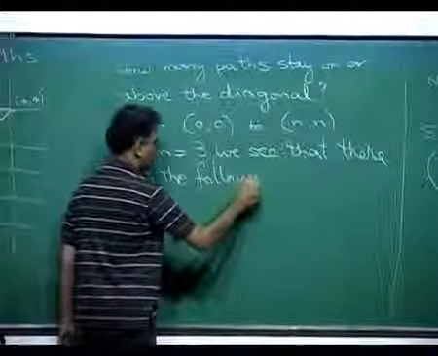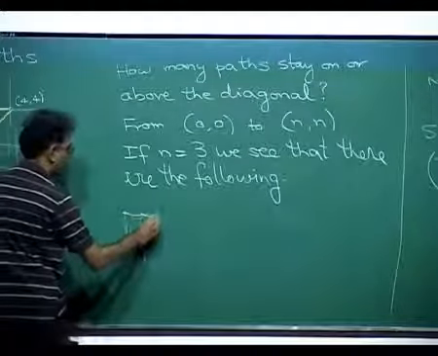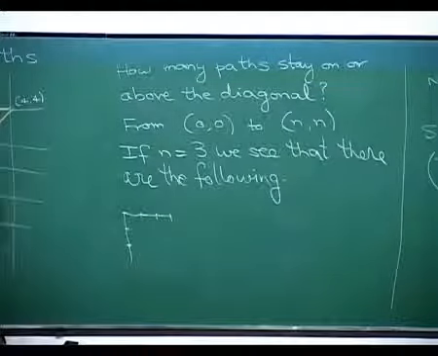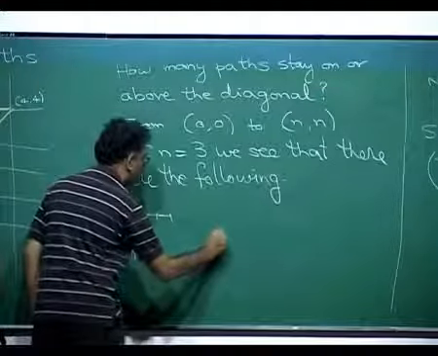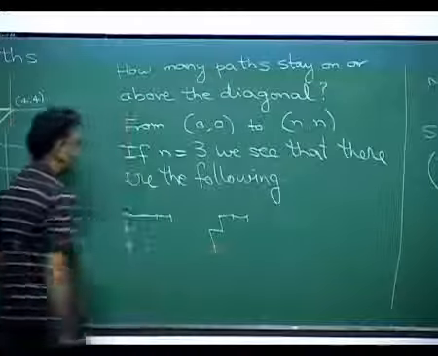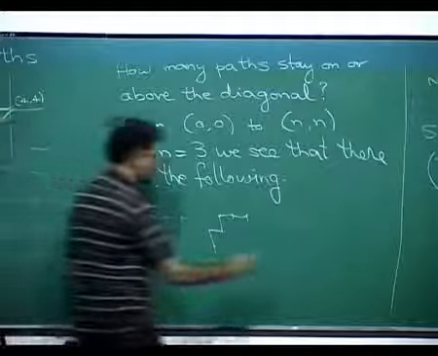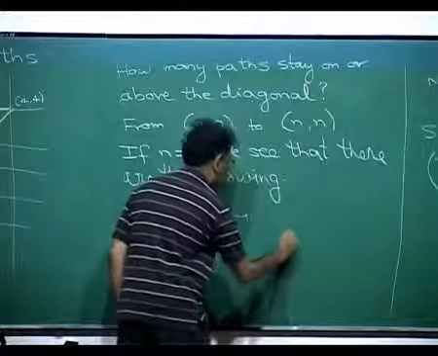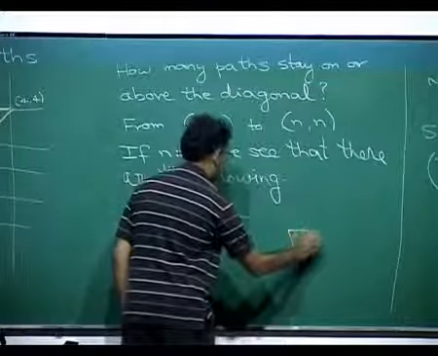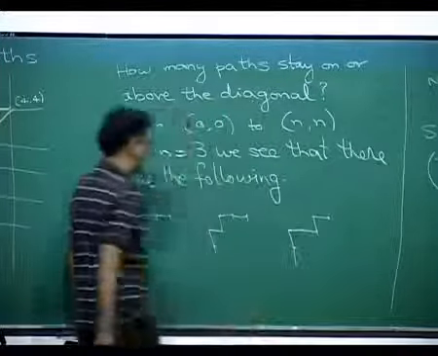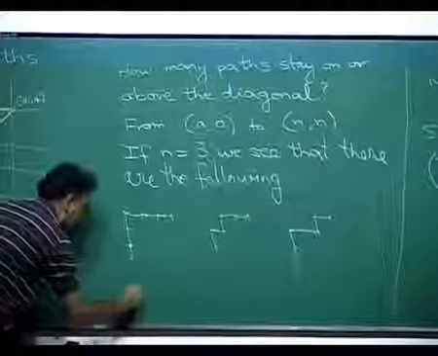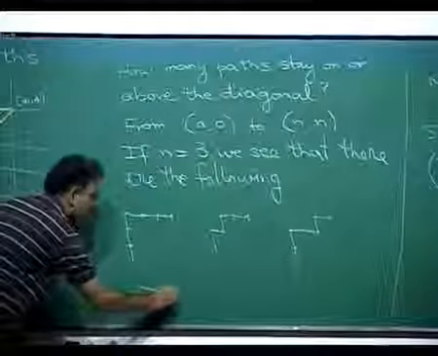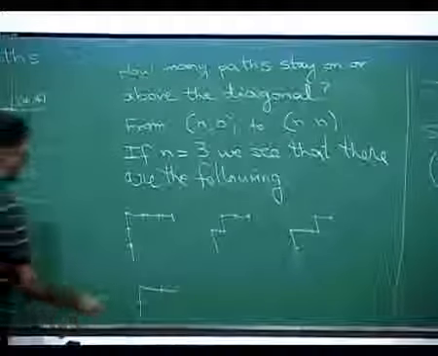So what are the paths? Either you can go all up and then all right, that's completely above, or you could go 2 up, right, and so on. Okay, no, that's not allowed.